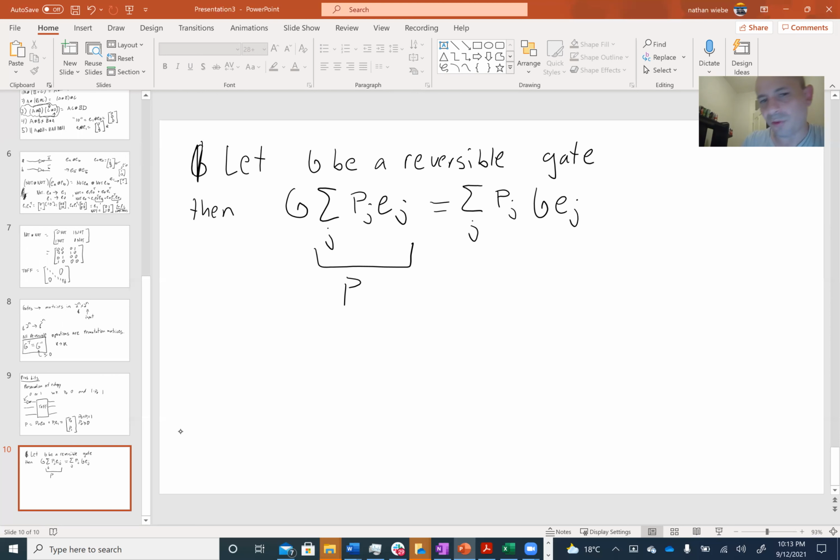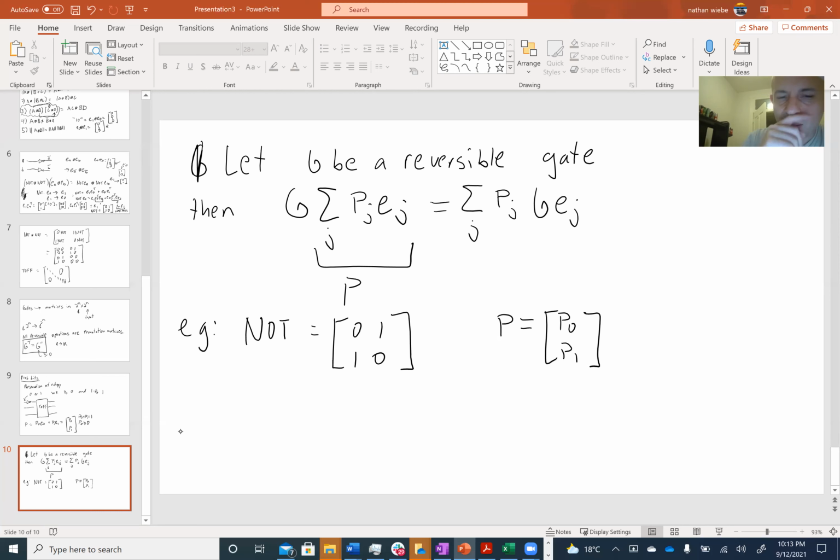So, a particular example, let's take a look at a NOT gate. The NOT gate, as you recall before, had a matrix representation of this form over here. Now we want to figure out what would happen if NOT was acting on a probability distribution, let's call it P0, P1. So if we apply NOT to P, the way we do it is just by using linearity, like we mentioned above.